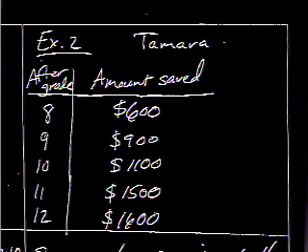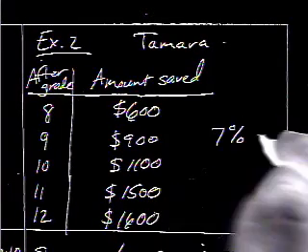Anyway, so Tamara was saving money. She saved money after her summer of her 8th grade year. She made $600, and so right before she entered her freshman year of high school, she deposited $600 into an account. That account was going to give her 7% interest.